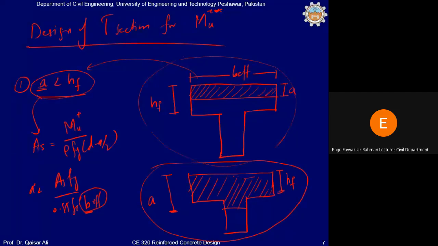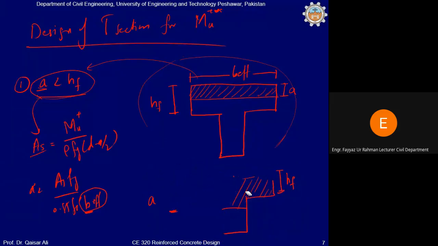All the other design steps will be same. Clear? वही trial and error से आप finally As calculate करेंगे. For two consecutive trials, if you get the same value of As, that will be your design reinforcement. अब clear है? Now how to design this second case, we will study this in the coming slides.